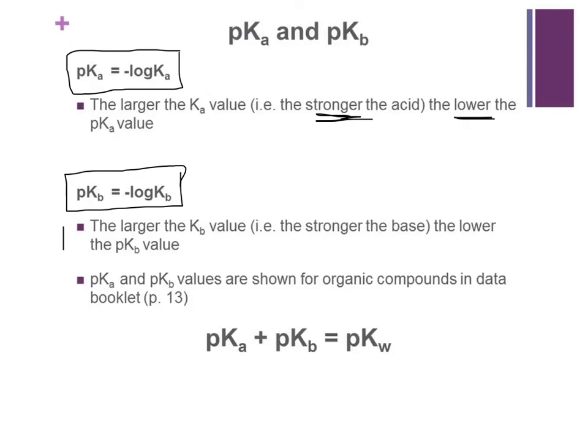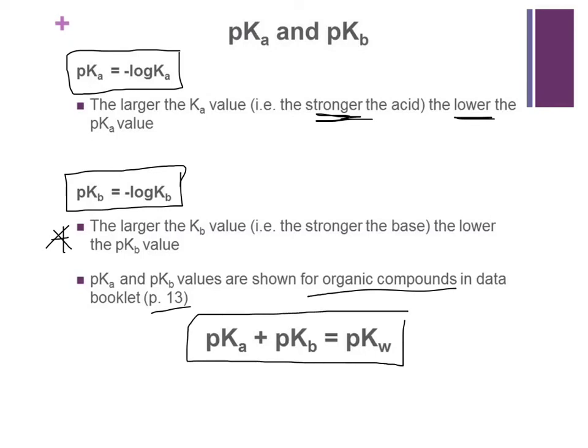The same happens with pKb. In your data booklet, you are given both pKa and pKb values for organic compounds, and they are found on page 13. Also similar to the pH and pOH, if we take pKa and add it to pKb, they equal pKw, or they're going to be equal to 14.